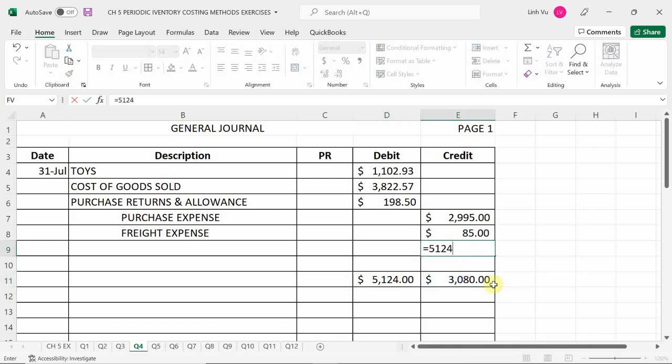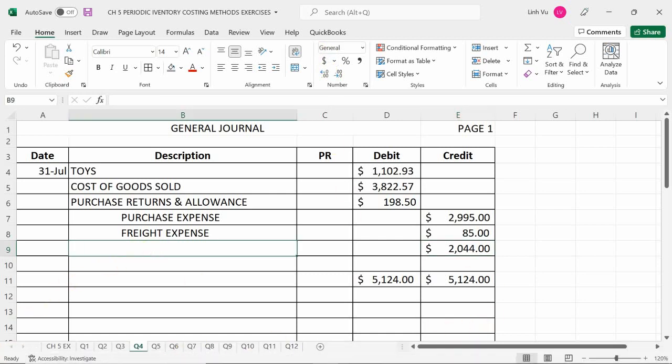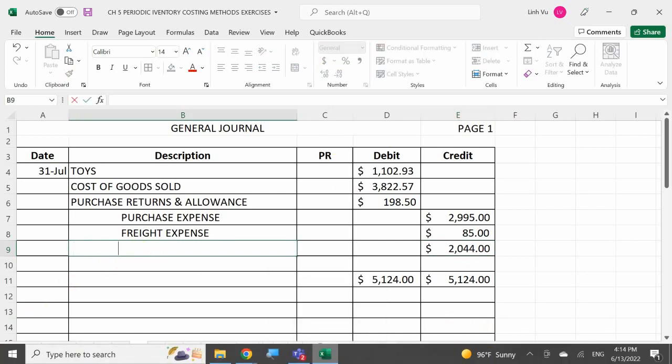The beginning toys. Yes, right? We're missing $2,044, which we know where that came from. It came from our beginning inventory that we carried over for this. So in this case, it'd be toys, right? They're identical because they came from the same exact account, right?